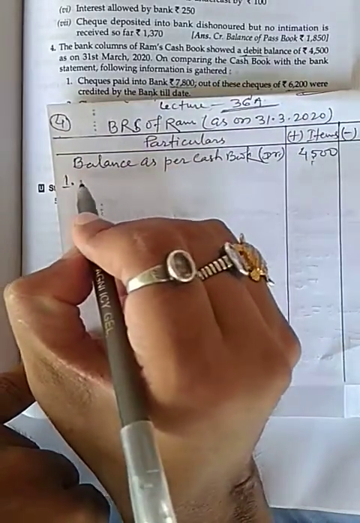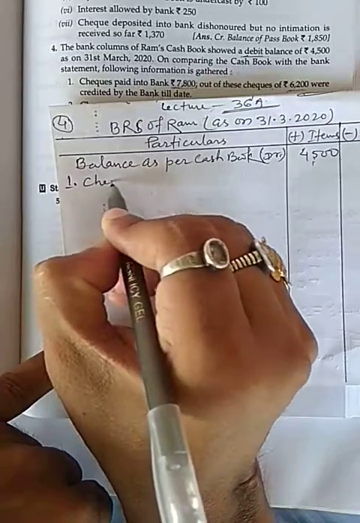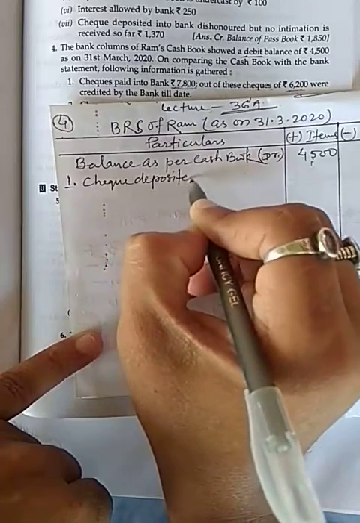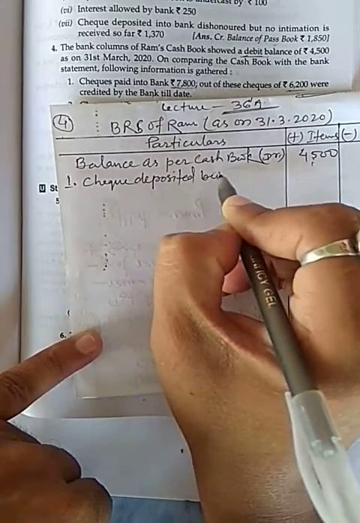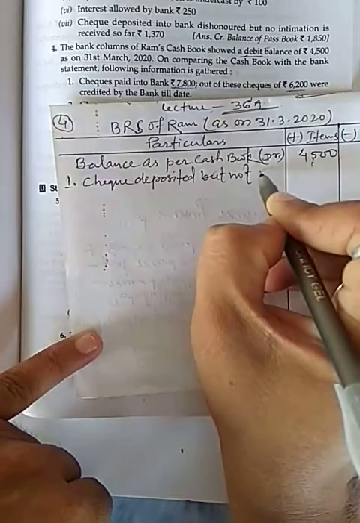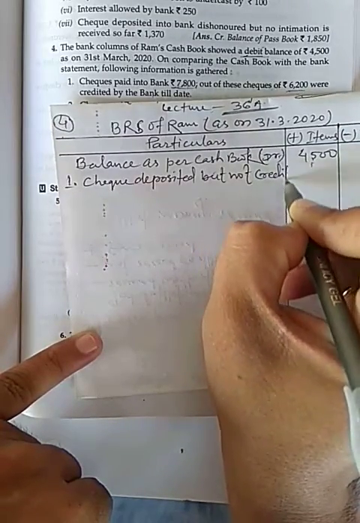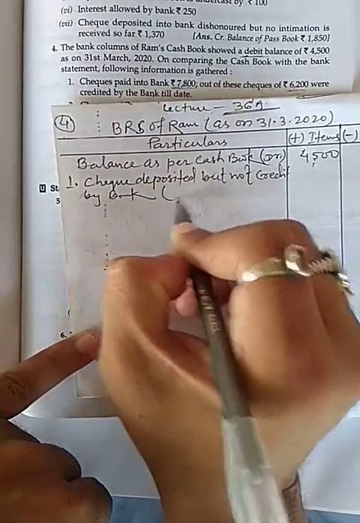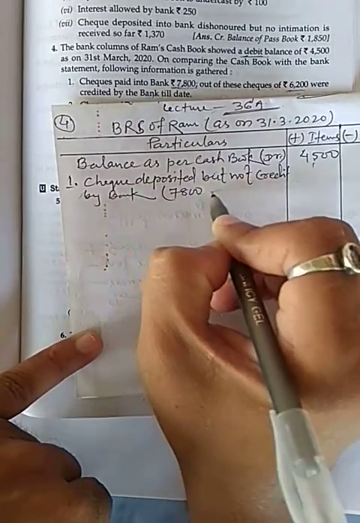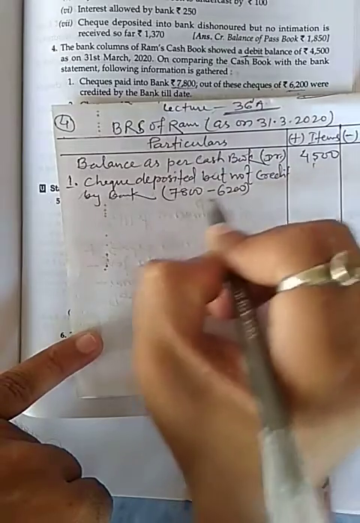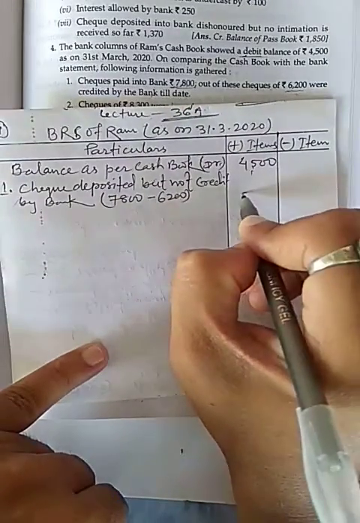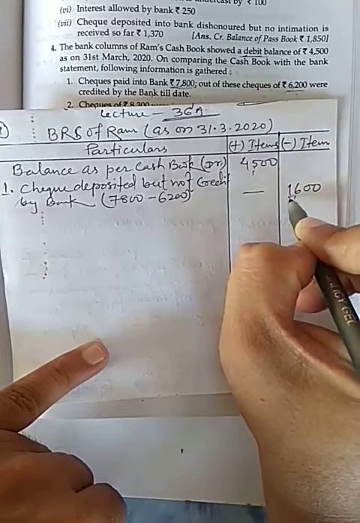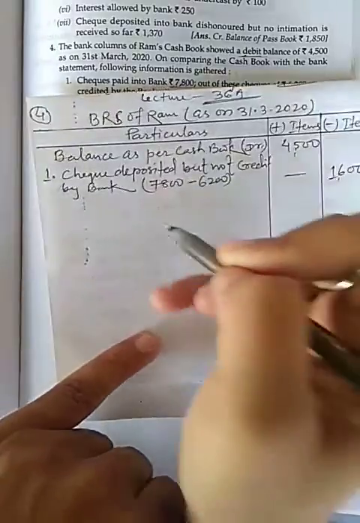So the statement will be check deposited but not credited by bank, and the amount will be 7,800 minus 6,200, it will remain 1,600 and is shifted into minus item.